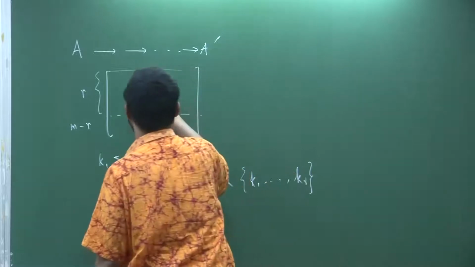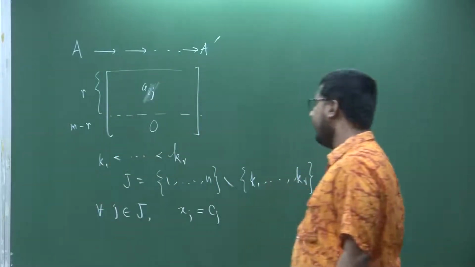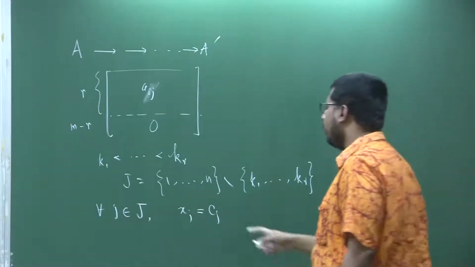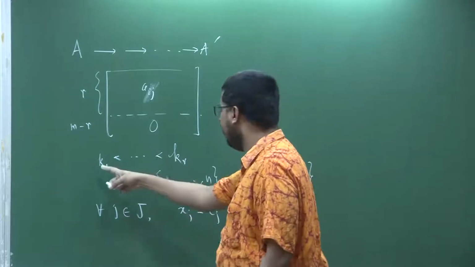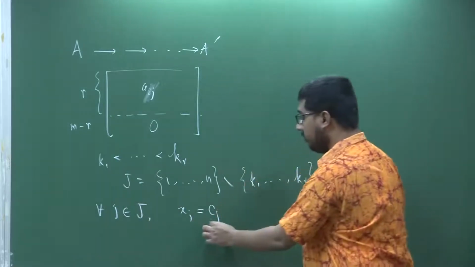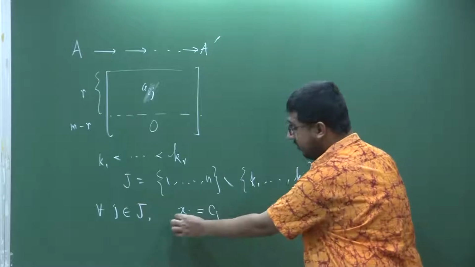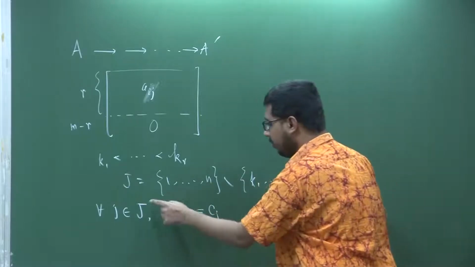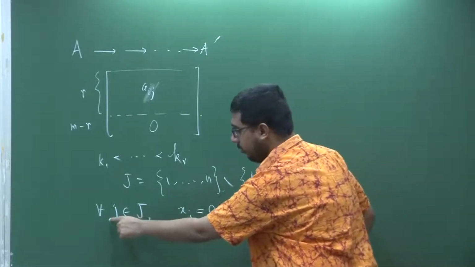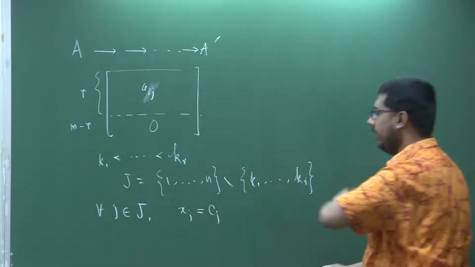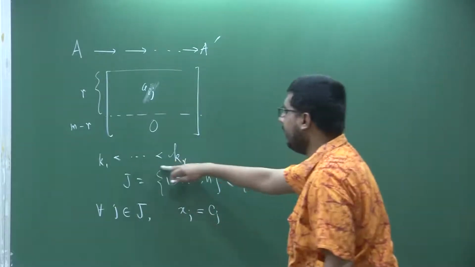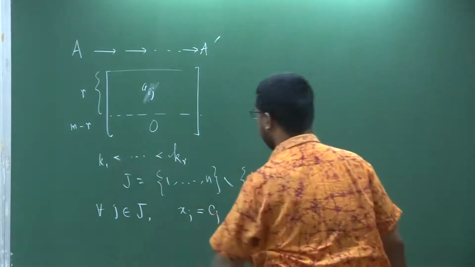After assigning arbitrary values to the variables corresponding to the indexes in J, how do we calculate the values of the other variables, namely xk1 up to xkr?